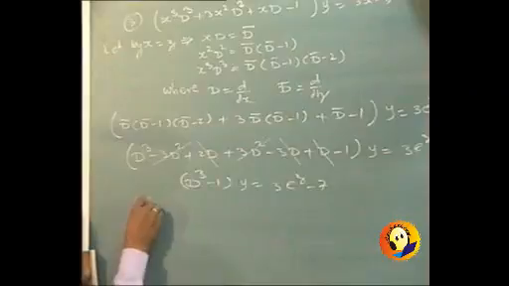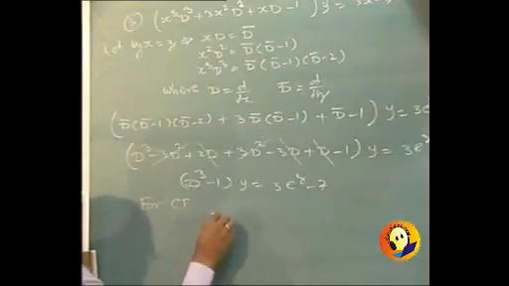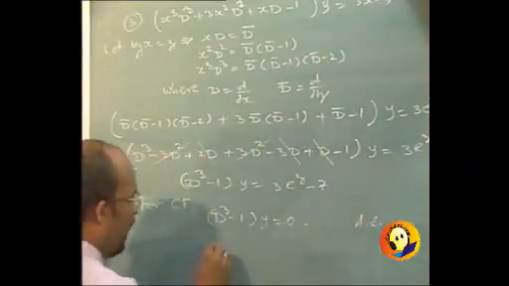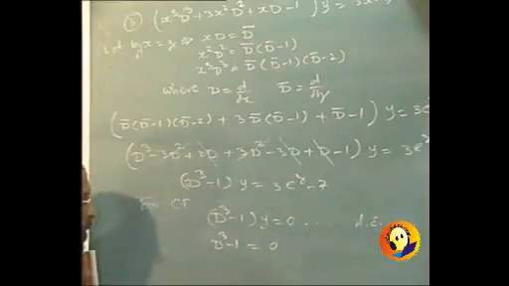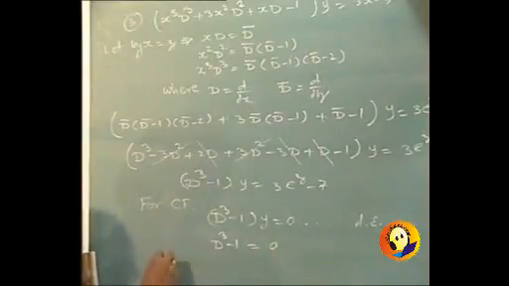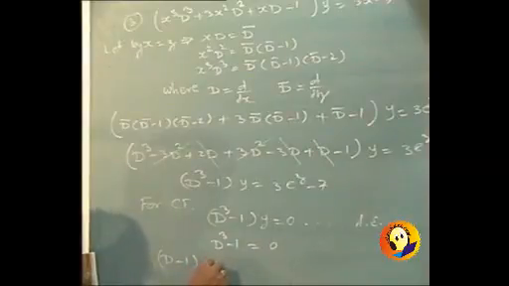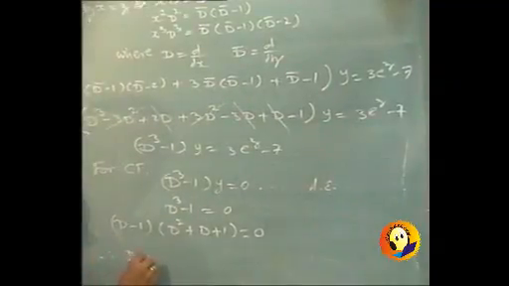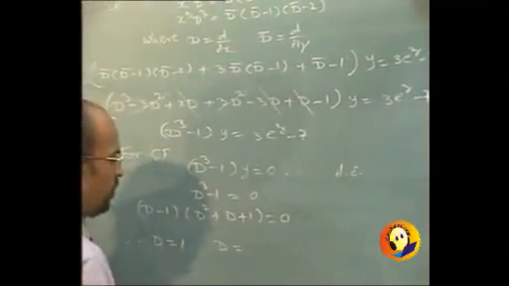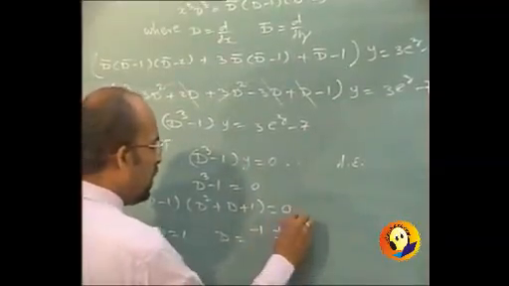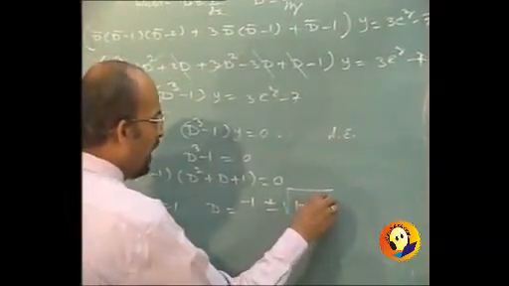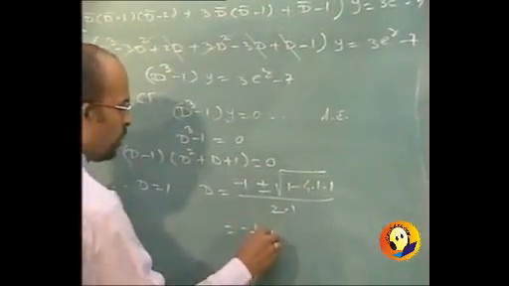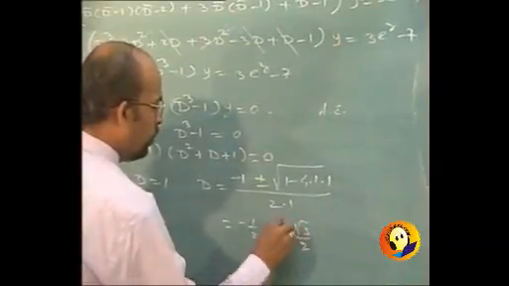For CF, D cube minus 1 operating on y equal to 0 is the auxiliary equation, and therefore D cube minus 1 equal to 0. A cube minus b cube is a standard formula, a minus b into a square plus ab plus b square, and therefore we get D equal to 1 or D equal to, using the quadratic formula, minus b plus or minus under root b square minus 4ac divided by 2a, minus half plus or minus i root 3 by 2.